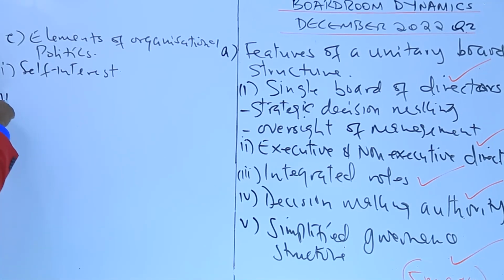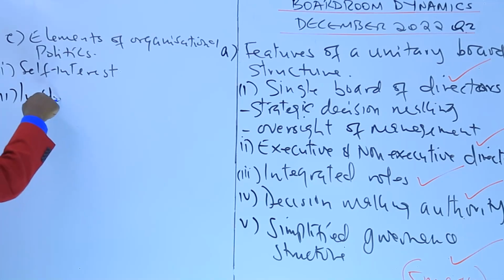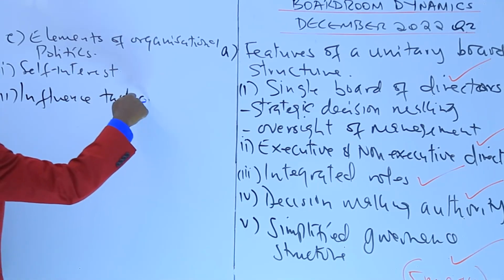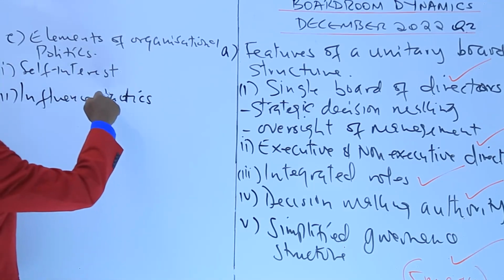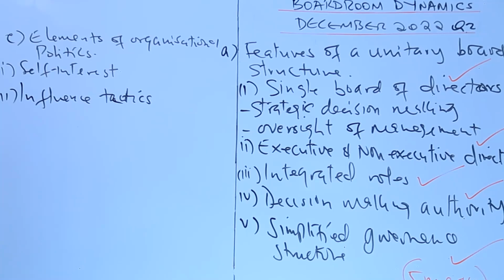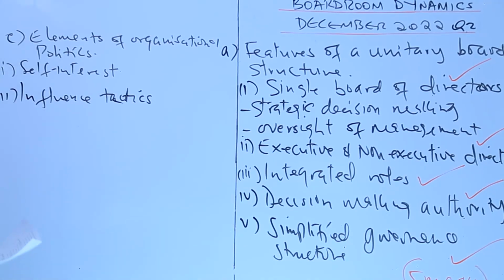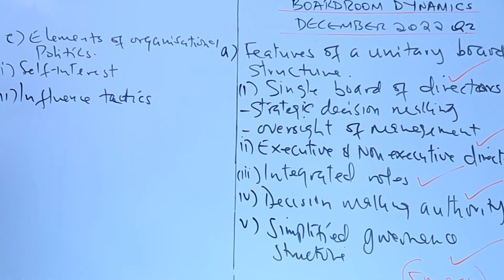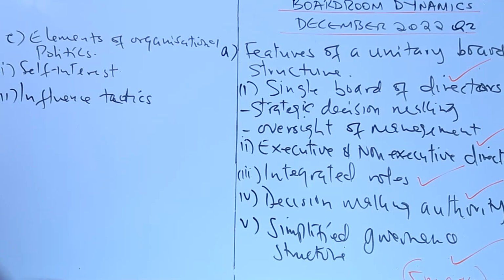Another element, number 2, is that of influence tactics. What does that mean? This means that employees may use various tactics or techniques to gain power and influence.